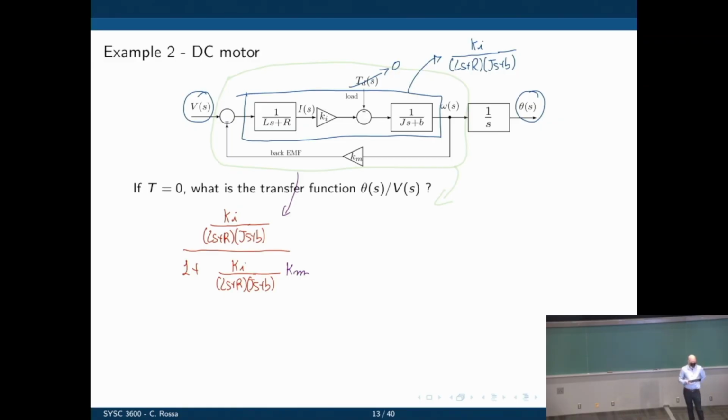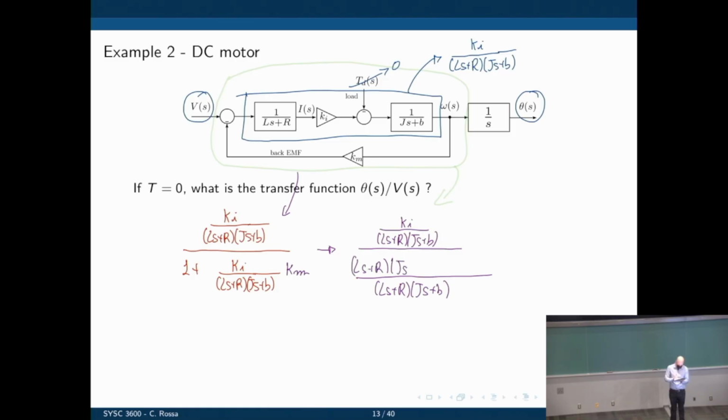So that entire thing simplifies to this. And what can we do next? Well, we can find a common denominator in the denominator of this equation. And you have Ki over (Ls plus R)(Js plus B). The common denominator here is (Ls plus R)(Js plus B), and we have that times 1, so (Ls plus R)(Js plus B) plus Ki Km.